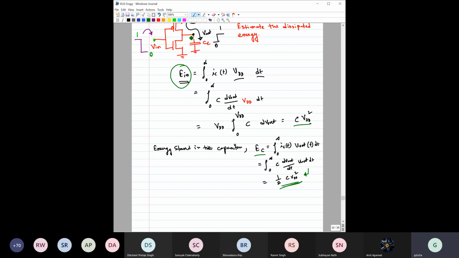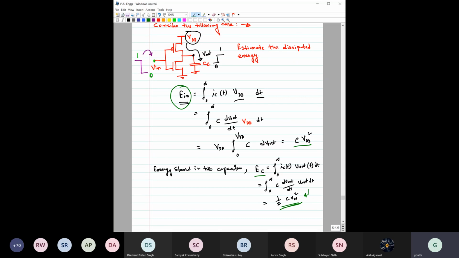Then where is the rest half of the energy? The rest half, that means half of C VDD square, has been lost when it was charging through this PMOS.